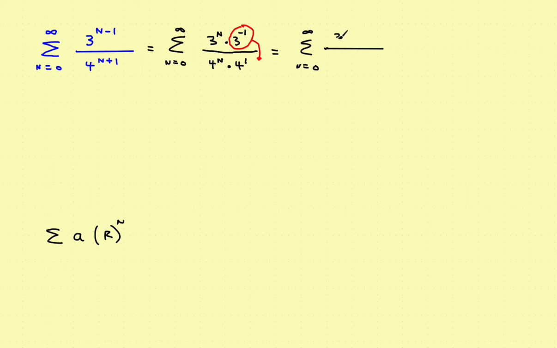So that's going to give me a 3 to the n in the top. I've still got the 4 to the n in the bottom. I've got the 4 to the first power in the bottom. And now I took this 3 to the negative 1, moved it to the bottom, and made it be 3 to the positive 1. So I'm just playing around with the exponents.